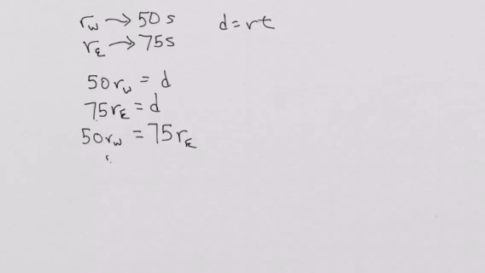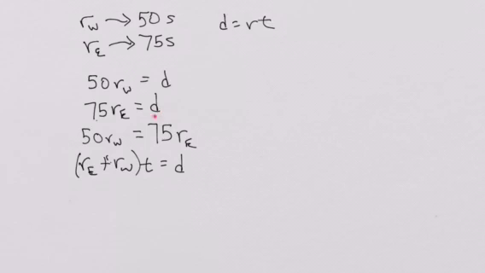If both things are working together, then my rate is going to be R sub E plus R sub W, the escalator's pace plus my walking pace, times time is going to equal that same D.